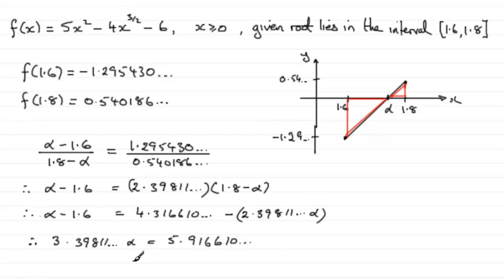So finally, to get alpha, we just need to divide this by 3.39811. If you do that, you find that alpha equals 1.74114 and so on. And if we give this to 3 decimal places, which we're expected to do, then alpha equals 1.741 to 3 decimal places.